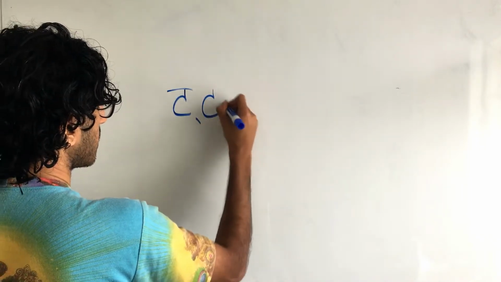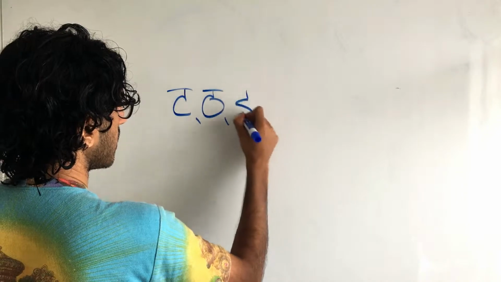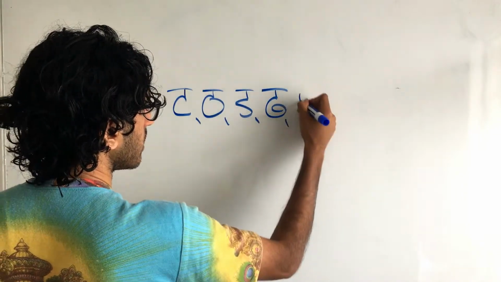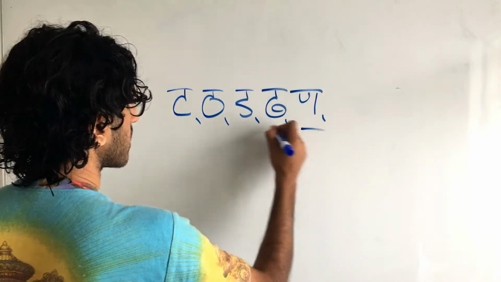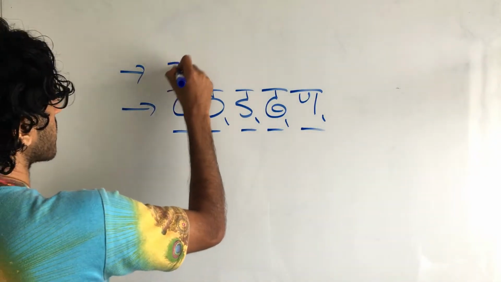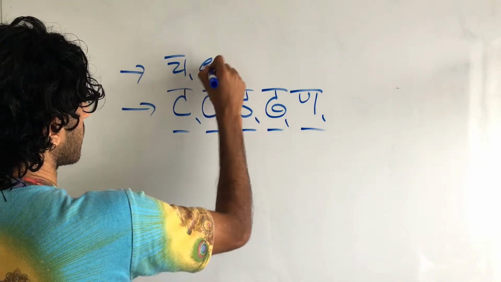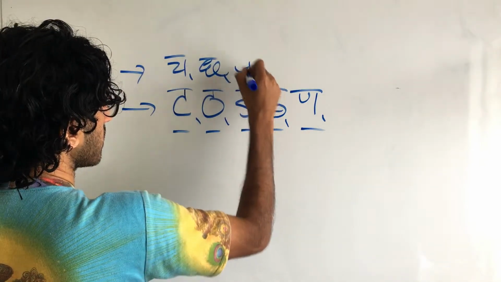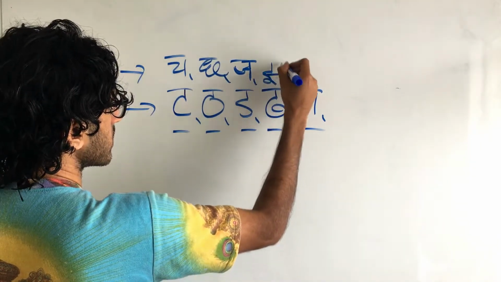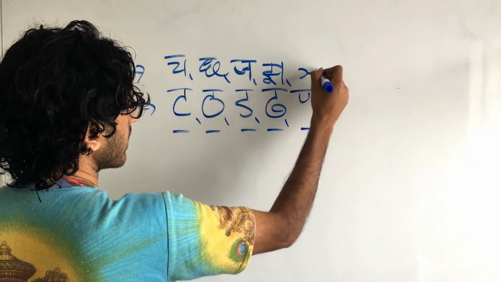So all the cerebrals here we have are ta, tha, da, dha, and na. This is the third class. We had the second class the other day: cha, chha, ja, jha, and nya.